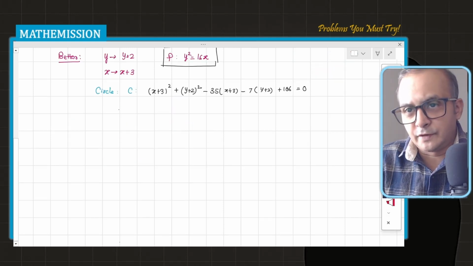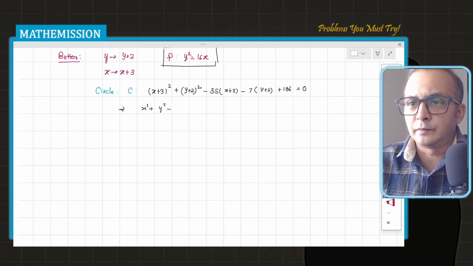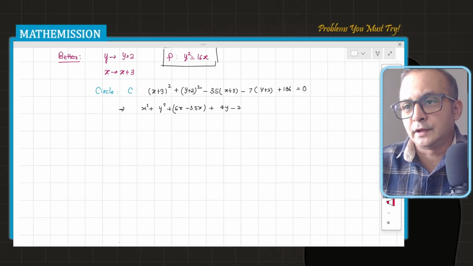Now we further simplify it. So we get x squared plus y squared, plus 6x minus 35x, plus 4y minus 7y, together. Here I'm getting 30, because 3 square plus 4 square.